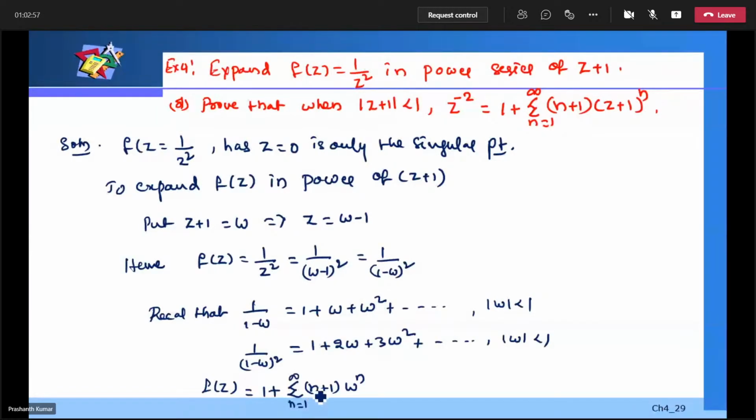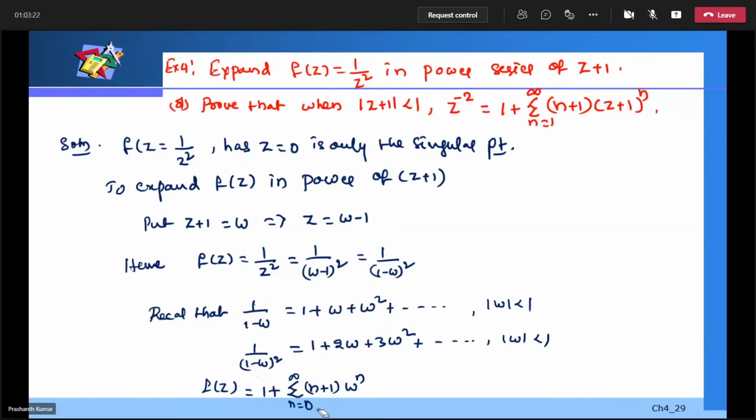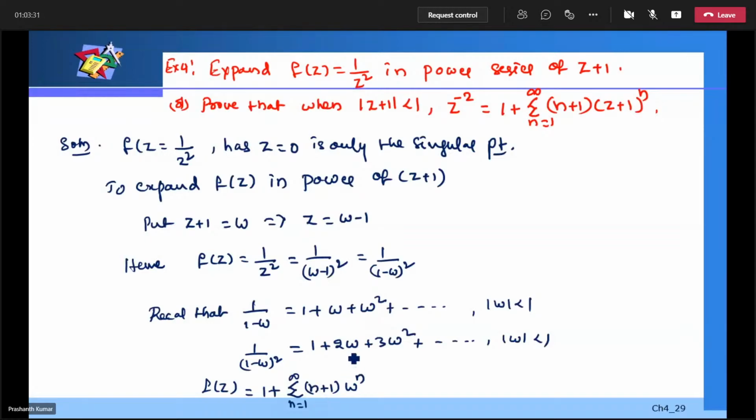If n is equal to 1, 1 plus 1 is 2w. The 1 is there for n equal to 0, since w to the power of 0 is 1, therefore the sum starts from n equal to 1 to infinity, second term, third term, like this, for every mod w less than 1.